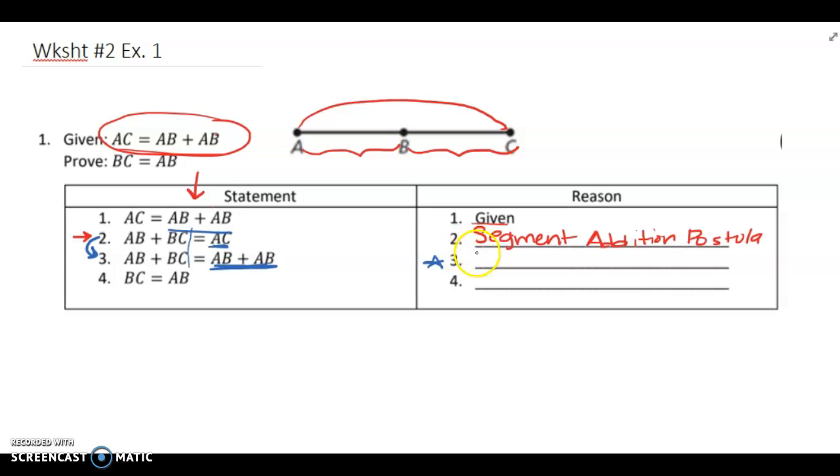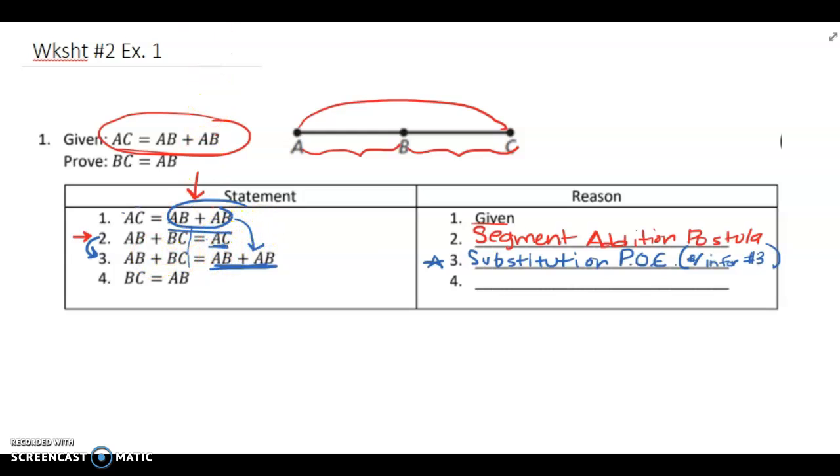So all I did, guys, is I used the substitution property of equality, and I substituted number 1 in for number 3. I took this AB plus AB and substituted it in here because that's what AC equals. So I rewrote number 2 and I substituted number 1.